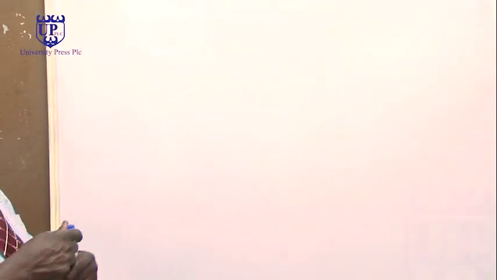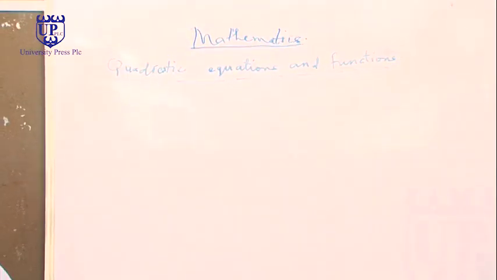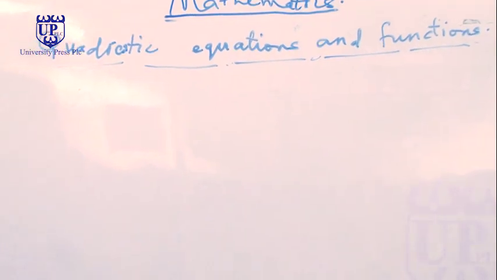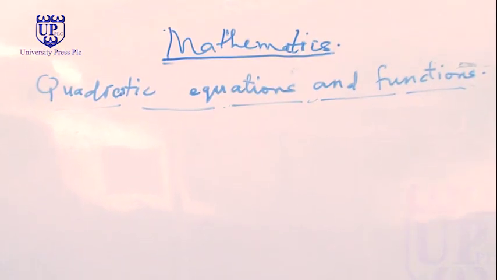The other time I was discussing how to solve quadratic equations by the factorization method and by use of the quadratic formula. Now we will look at another one, that is the completing the square method.